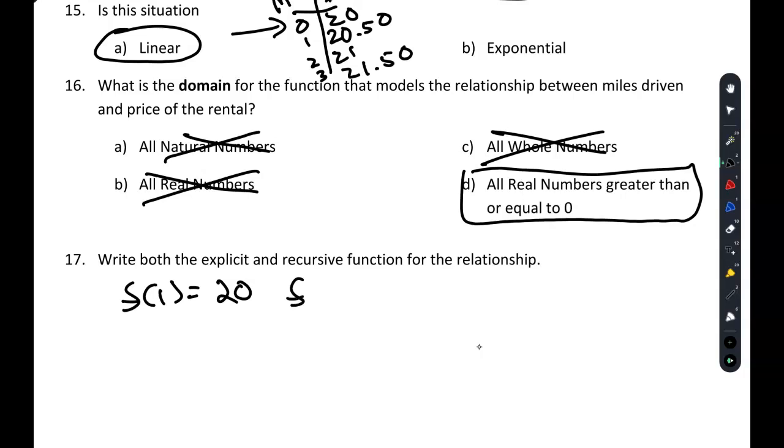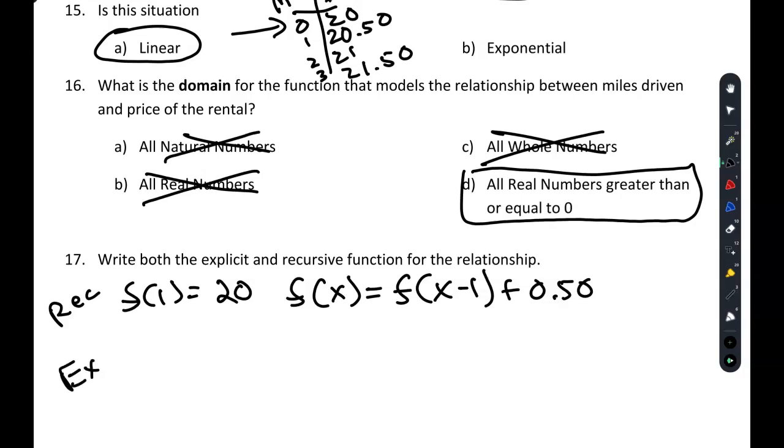So f of x is equal to f of x minus 1 plus 0.50, 50 cents. All right, so that's the recursive.